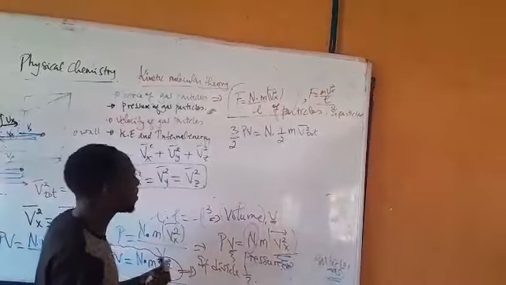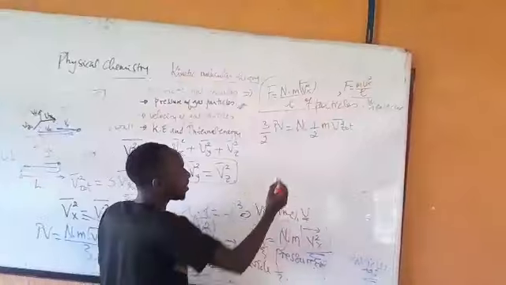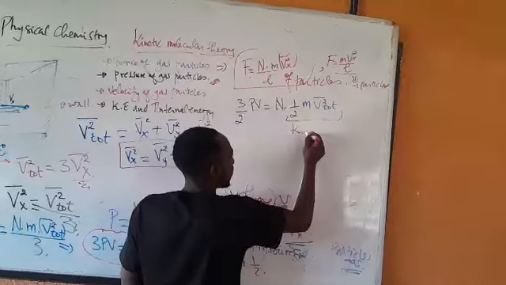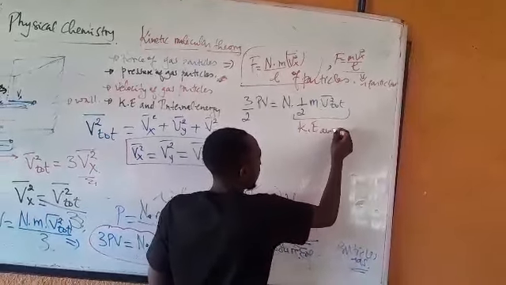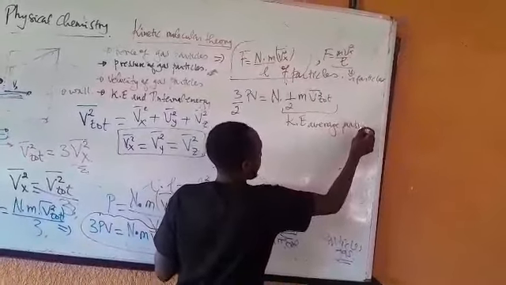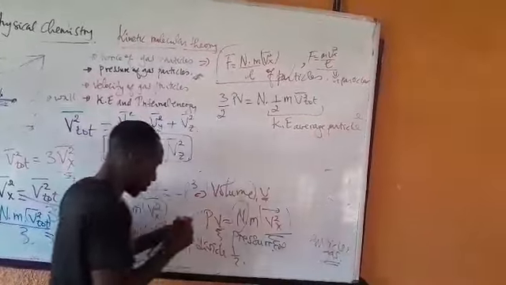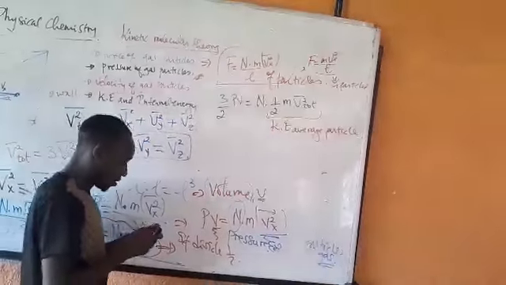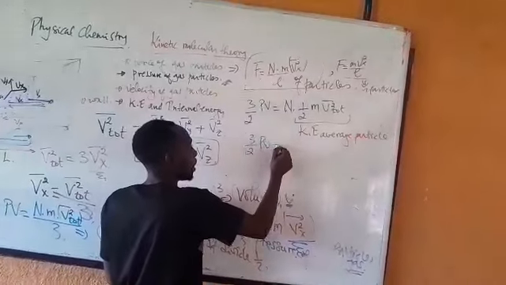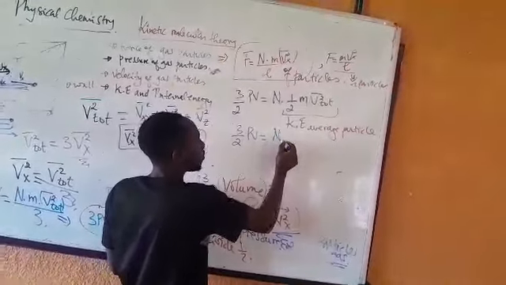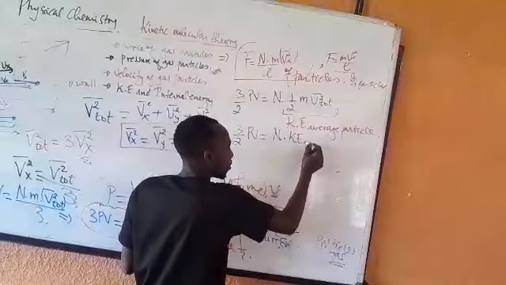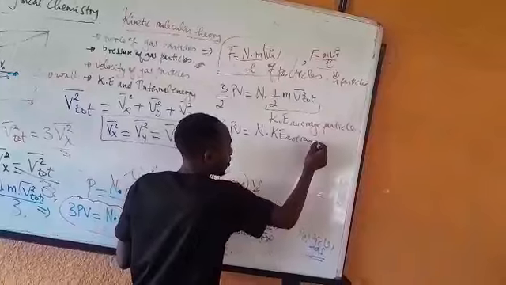And if you look closely, I did it intentionally to show you that this is the kinetic energy of the average gas particle. Average kinetic energy. So it will be 3/2 PV equals the number of particles times the average kinetic energy of the particles.